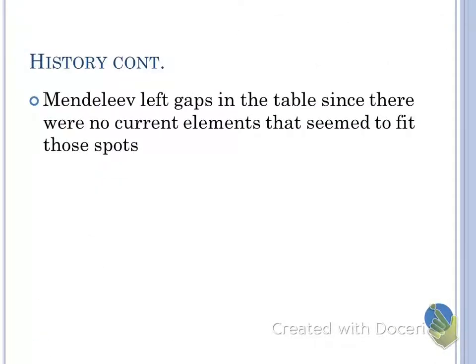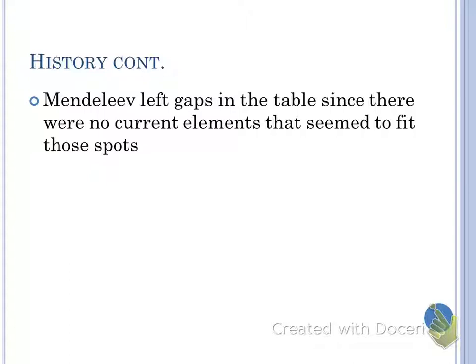Okay, this guy was so smart, and he left gaps in the table of where he thought elements should fit in. Right? These elements had not been discovered yet, but he thought, based on the patterns he saw in these elements, that there should be something that fits here, so I'm going to leave a blank for it. Right? That's a pretty smart dude.